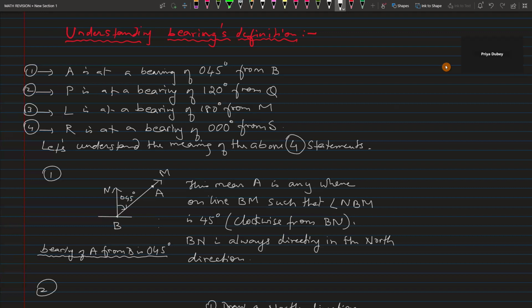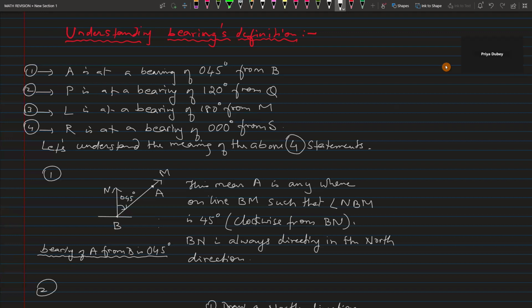So the first statement is A is at a bearing of 045 from B. From B, so after 'from' comes B, so at the point B you have to draw an arrow in the north direction, which I have done here. Can you see here? The arrow I have drawn at B in the north direction, right?